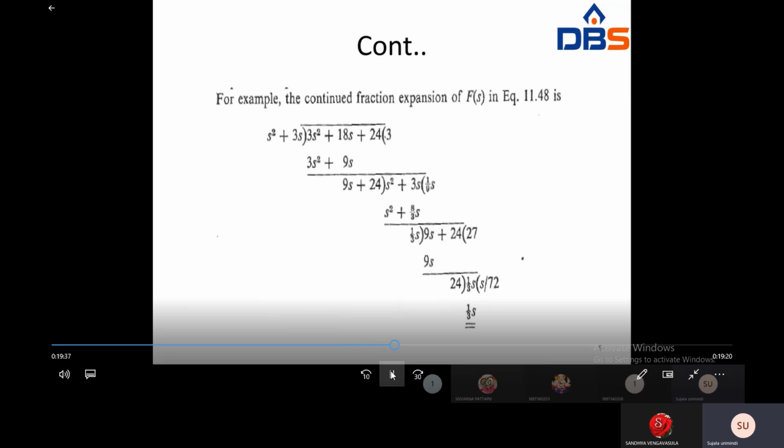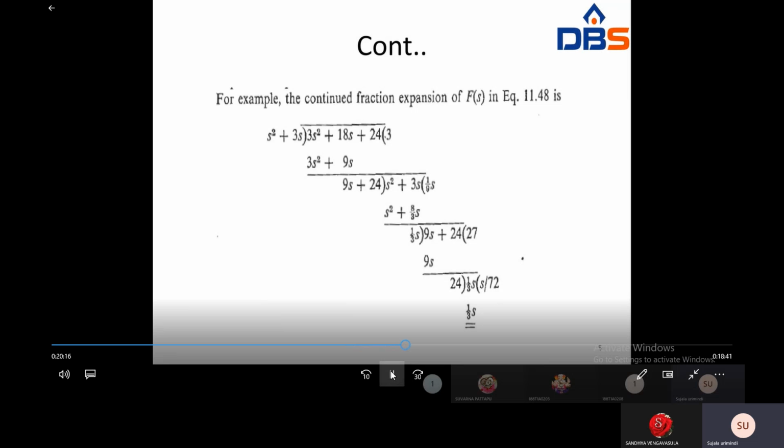Next one, how you find Cauer 1 and Cauer 2 by using continued fractions. When you use the continued fraction, generally the numerator will be larger compared to the denominator. So here 3s square plus 18s plus 24 and here s square plus 3s.